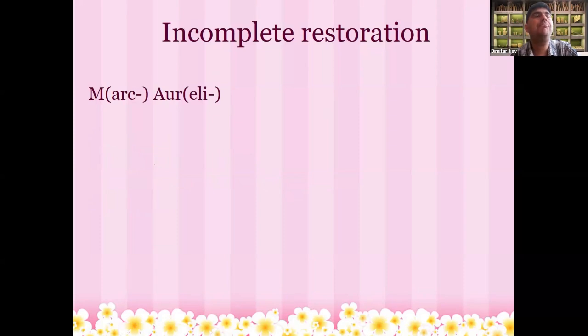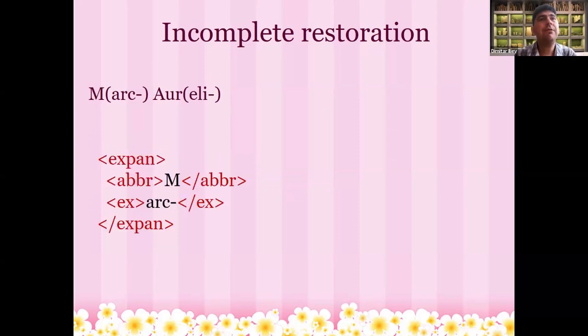For example, you have arc in your monument, and it obviously is an abbreviated form which stands for the Emperor Marcus Aurelius, but you're not exactly sure how to finish the word, what exact endings should stand. Is it Marco Aurelio, or is it Marci Aureli, or something like this?